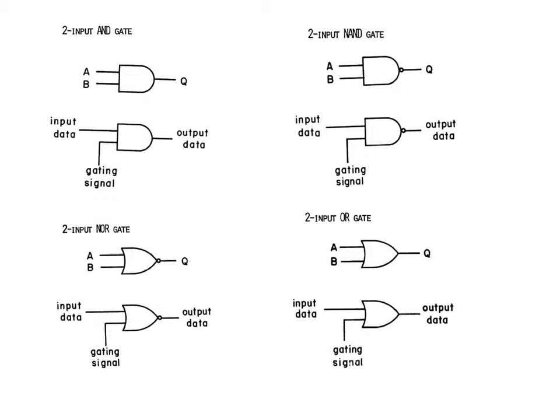Now at the top I show the traditional logic images where you have 2 logic inputs and a single logic output. This is the traditional way of presenting gates. My gated signal inputs, well, were not traditional.